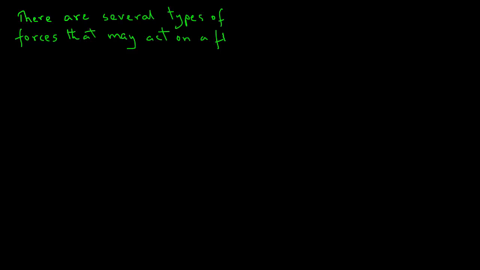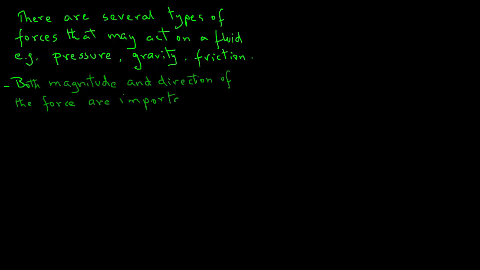Now there are several types of forces that may act on a fluid, such as pressure, gravity, friction, and so on. Both the magnitude and the direction of the force are important when we consider the action of a force on a fluid.